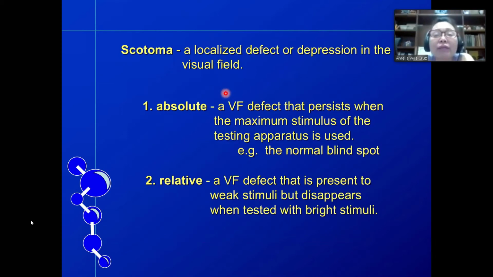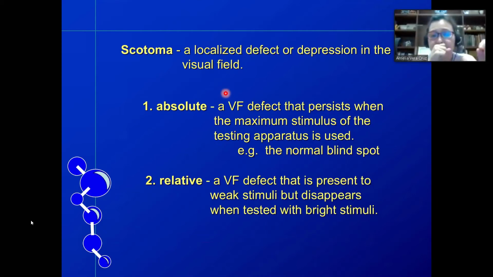Scotoma is a localized defect or depression in the visual field. So, it is absolute when even if you will increase the stimulus, meaning, kasi when you test the visual fields, you will be introducing different light densities, intensities. Okay? So, in an absolute scotoma, even if you will increase the intensity, that part of the retina will still not see the light.